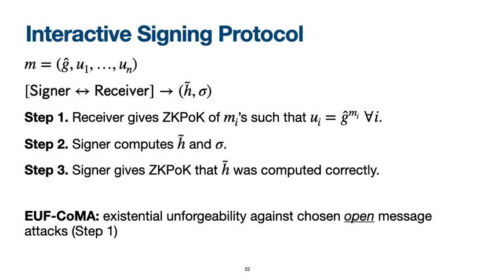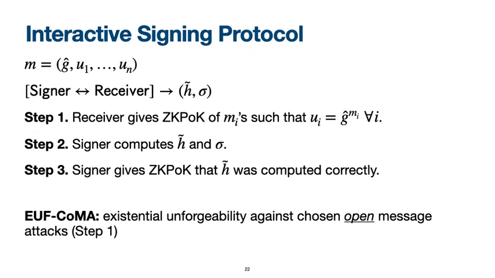And while our construction satisfies this weaker notion of unforgeability and origin hiding, for the purposes of our application, it's completely fine. So that's because for anonymous credentials, typically the recipient gives a proof of knowledge of her secret key. So this is exactly the MIs here. And so this EUF-CMA really comes for free.